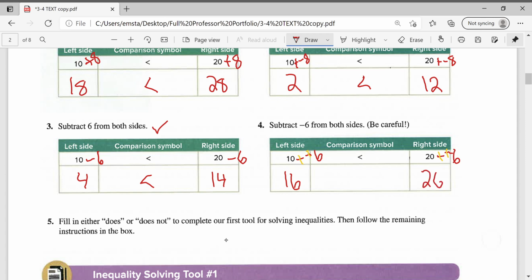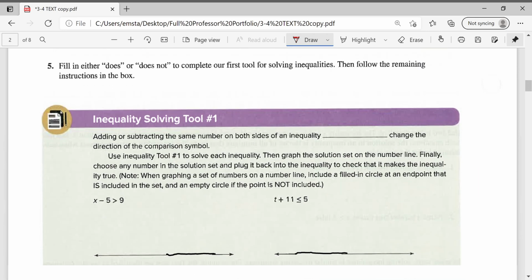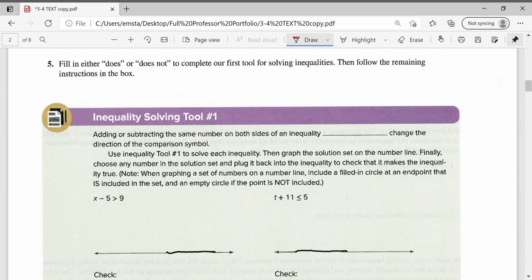Is 16 less than 26? It is. So it works. So what we've just proven, we're going to put into this purple box, is that adding or subtracting both sides of an inequality by the same number does not change the direction of the comparison symbol.